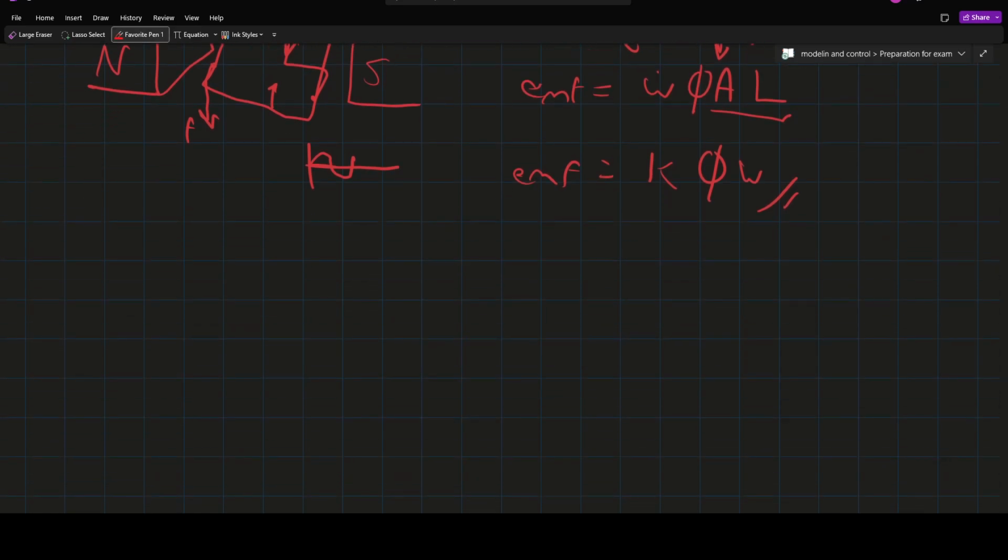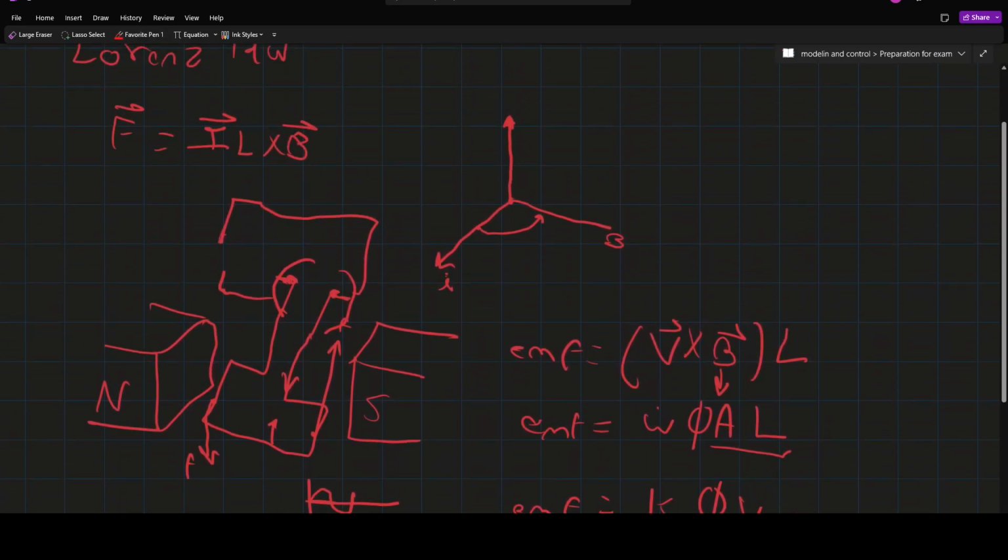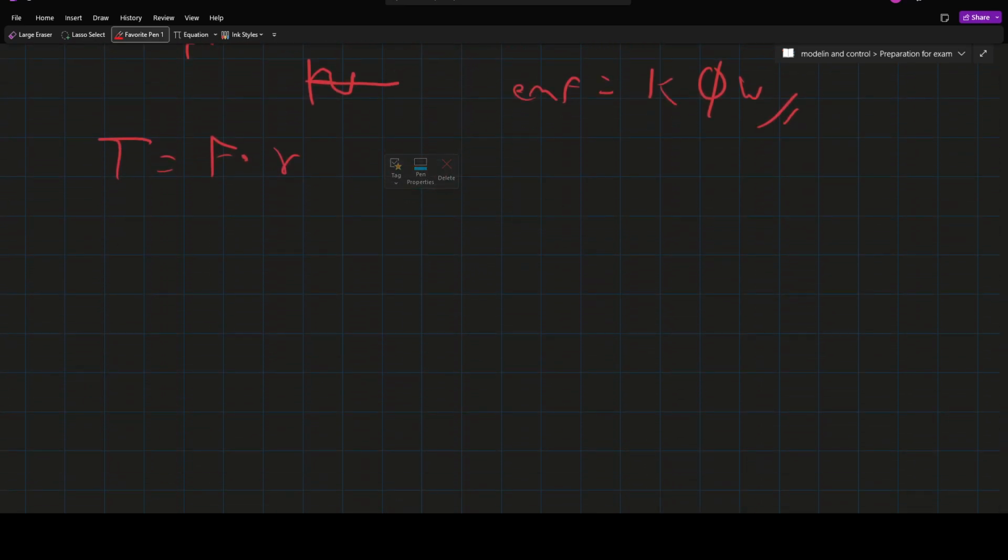Now, what would be the torque? Well, we know that torque is equal to the force times the radius. And we know that what we saw here is that our force is this. Our force is gonna be equal to B L times our current in the armature, times the radius. And again, we know that B is equal to the flux over area. We are gonna have L, we're gonna have the current, and we're gonna have the radius.